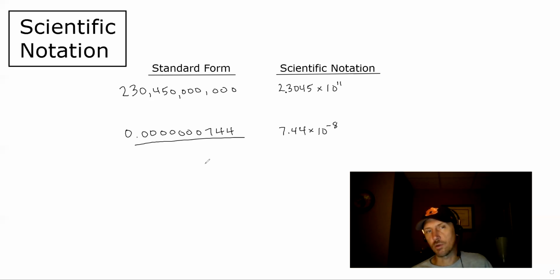It's going to be between 0 and 1, okay? So just something to keep in mind. Positive exponent means a number bigger than 1. Negative exponent means a number less than 1. And so that'll be a way for you to do a quick check when you do a conversion to make sure that you didn't do something wrong, okay?